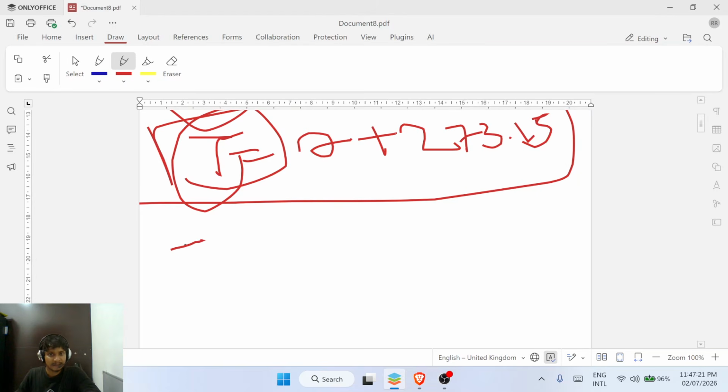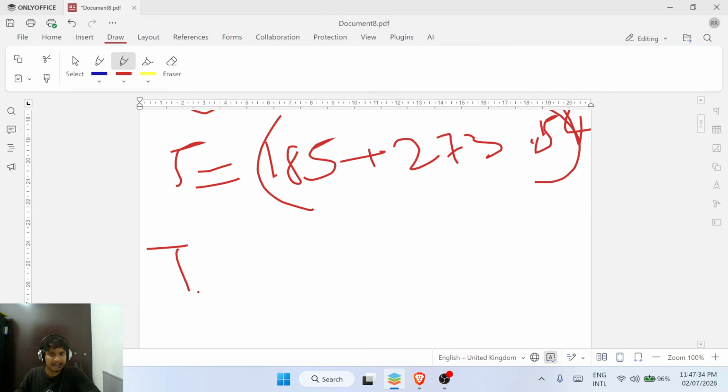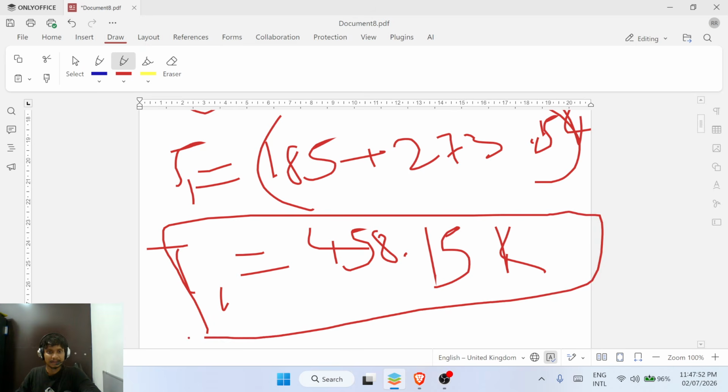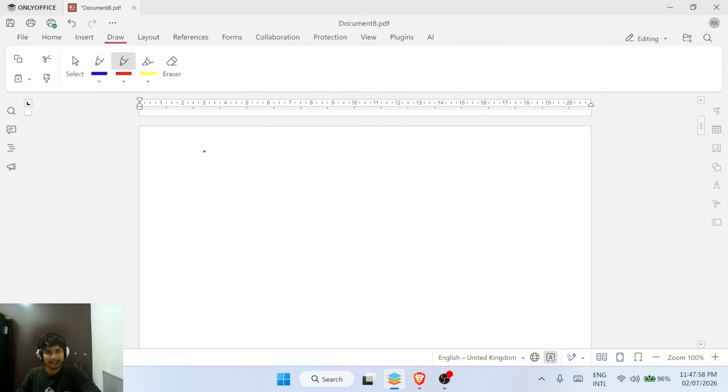Therefore T is equal to theta plus 273.15, where theta is 185 degrees Celsius. 185 plus 273.15, if you sum the numbers, we get 458.15 Kelvin. Now T1 is equal to 458.15 Kelvin.